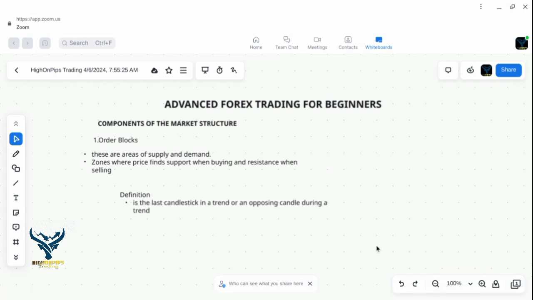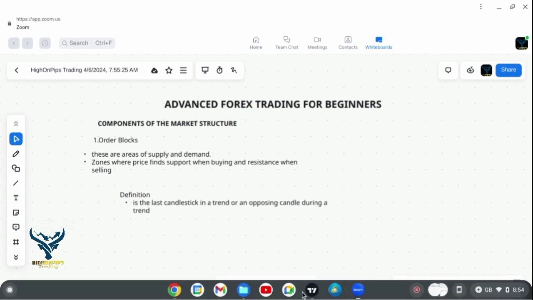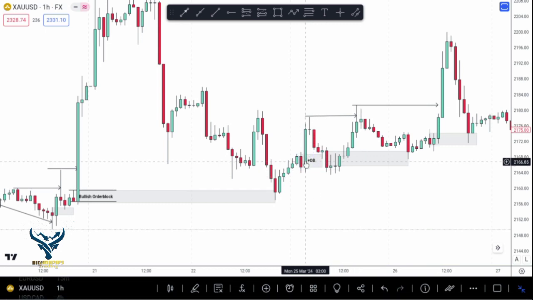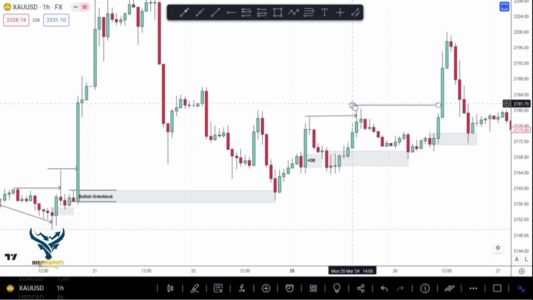So when I say an opposing candle, this is what I mean. This candlestick here, this is the only odd one. It's a bearish candle. It's a red candle in between green candles. So it also stands as an order block. As you can see, the market came down and it used this order block as a support area before it went up.